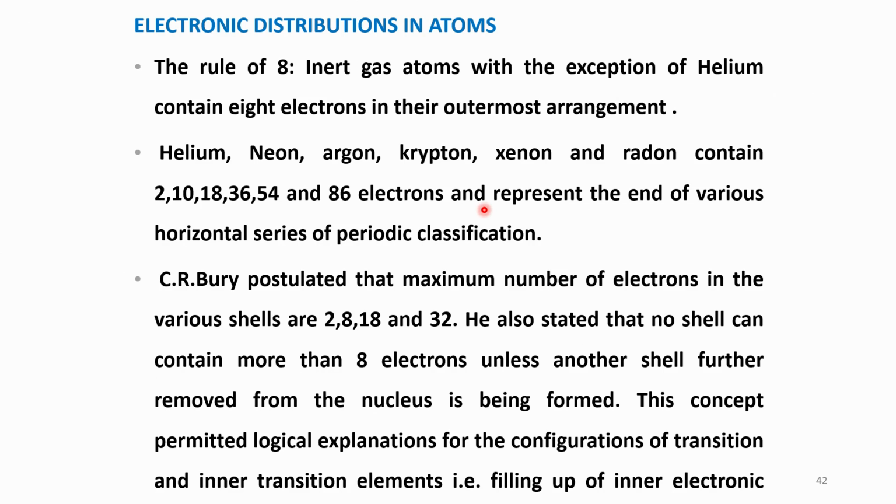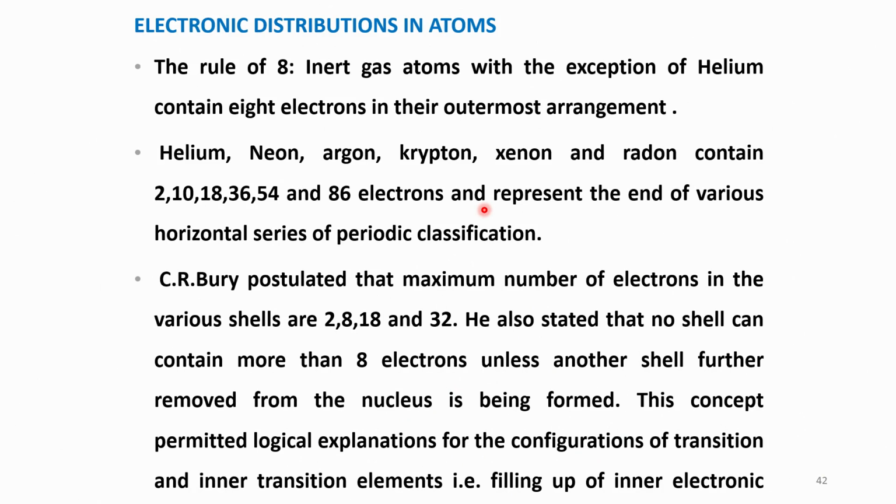C.R. Bury postulated that the maximum number of electrons in the various shells are 2, 8, 18 and 32, not more than that. Obviously, the total number of electrons will exceed the known elements. The maximum number of electrons in any element is about 108, as there are about 108 elements. He also stated that no shell can contain more than 8 electrons unless another shell further removed from the nucleus is being formed.